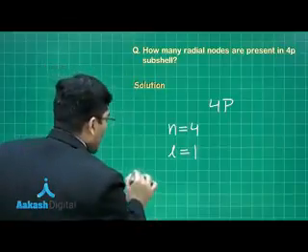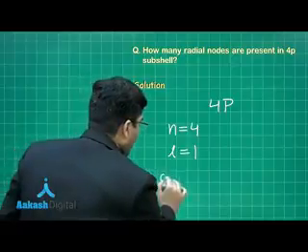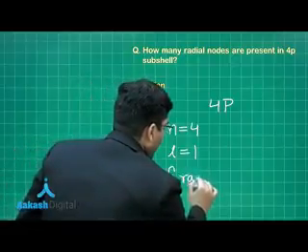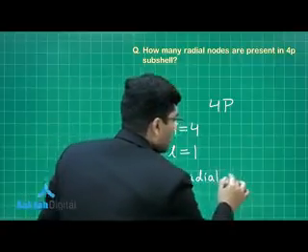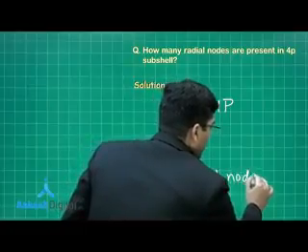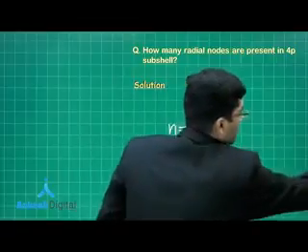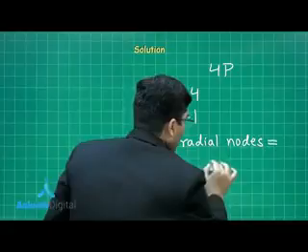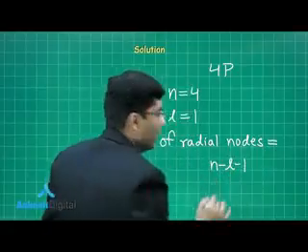So the number of radial nodes, which are also called spherical nodes, we can find by the formula n minus L minus 1, right?